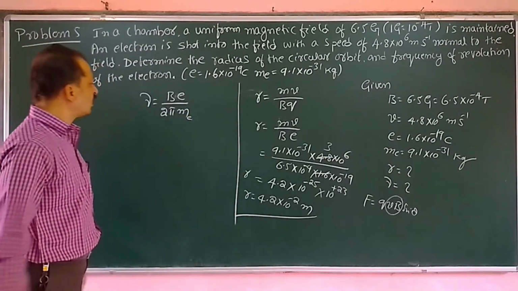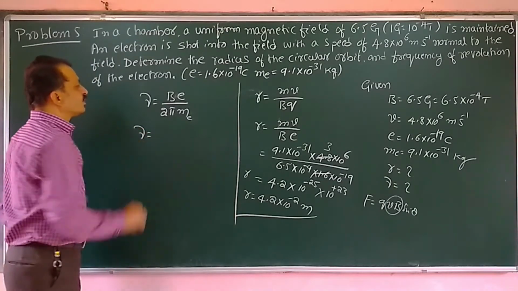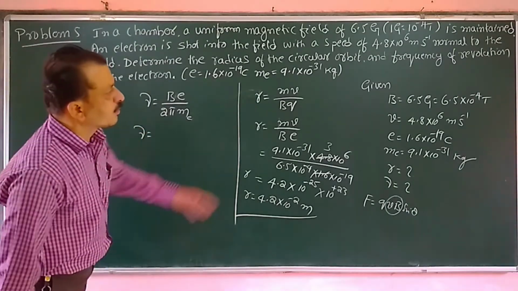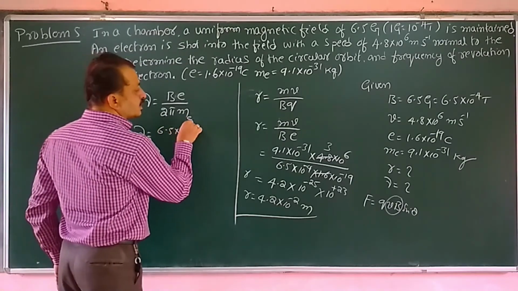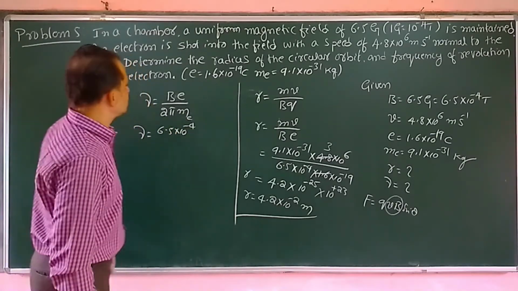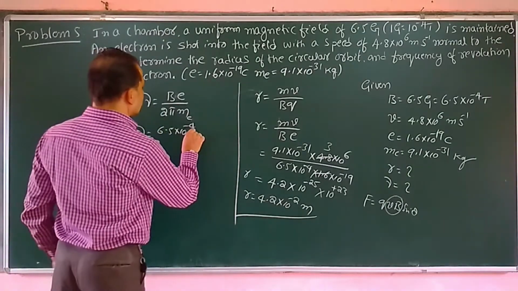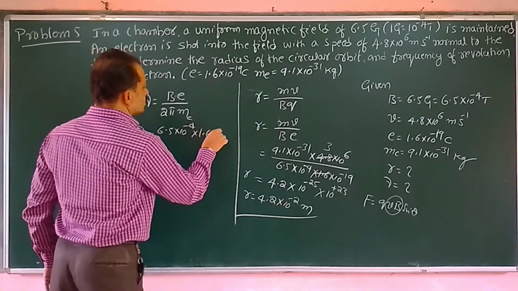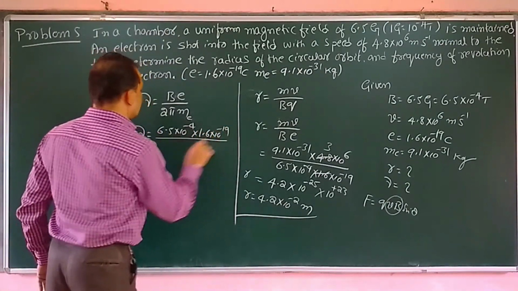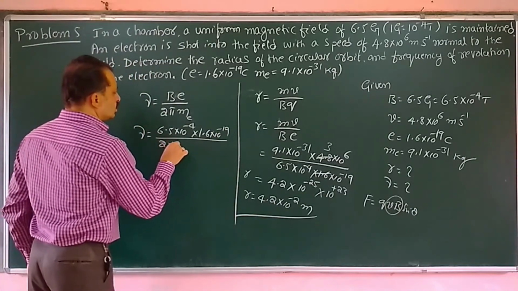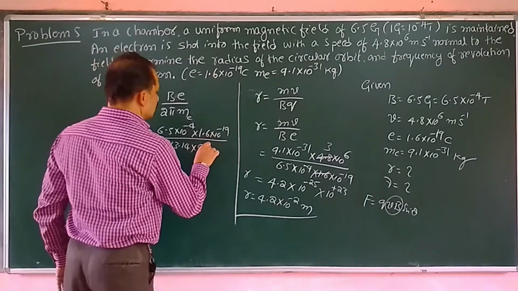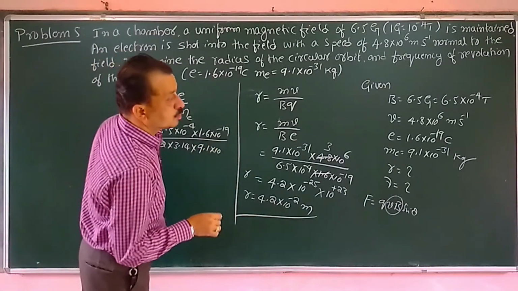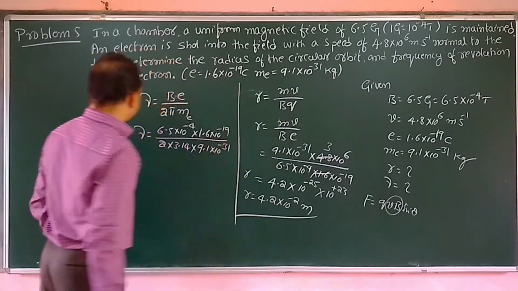Now B is given as 6.5 into 10 raised to minus 4, E, charge of the electron, 1.6 into 10 raised to minus 19, divided by 2 into 3.14 into mass of the electron, 9.1 into 10 raised to minus 31.